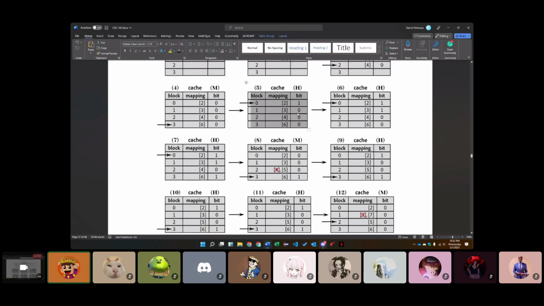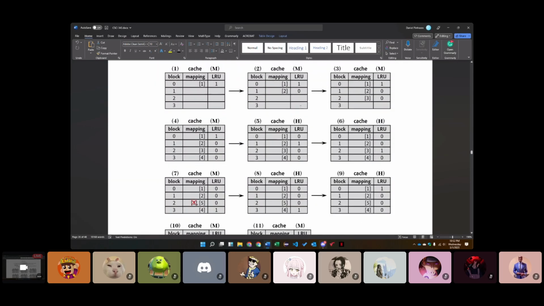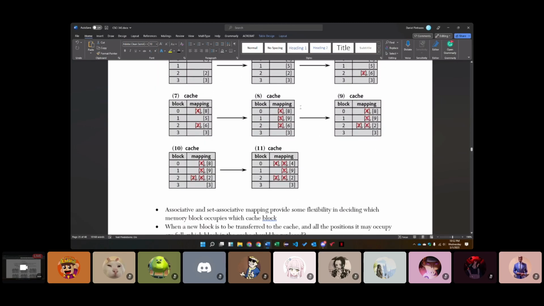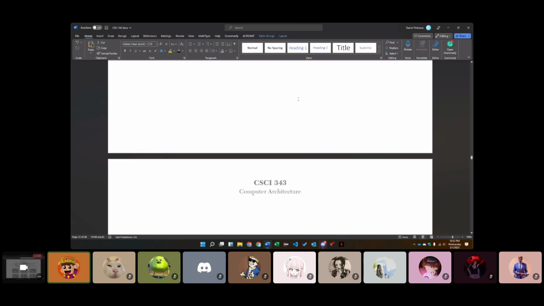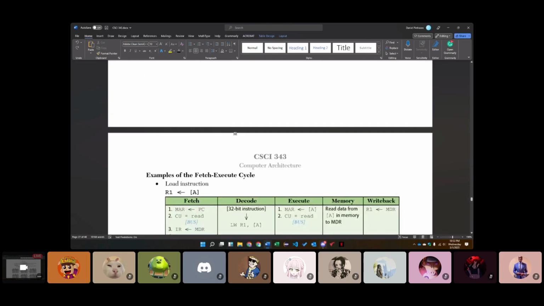And the same for LFU, because for LFU, next to it you'd have a tally of the number of times it was used. So for example, like that. And that's not very easy to do using this table. If that makes sense.